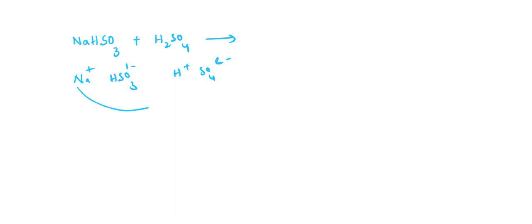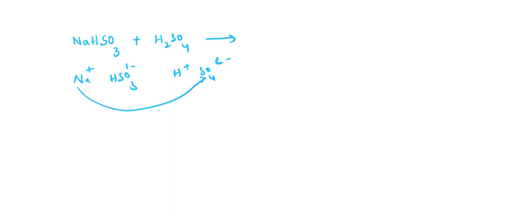Metallic bisulfite, NaHSO3, plus sulfuric acid gives ions Na1 plus, HSO3 1 minus, H plus, SO4 2 minus.